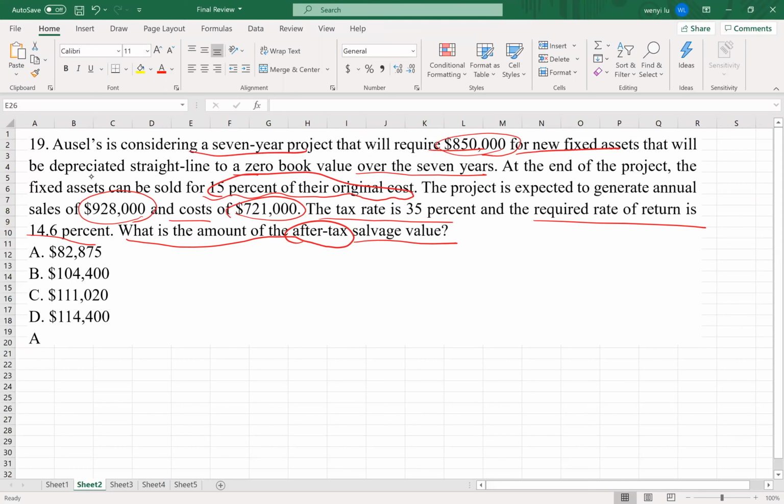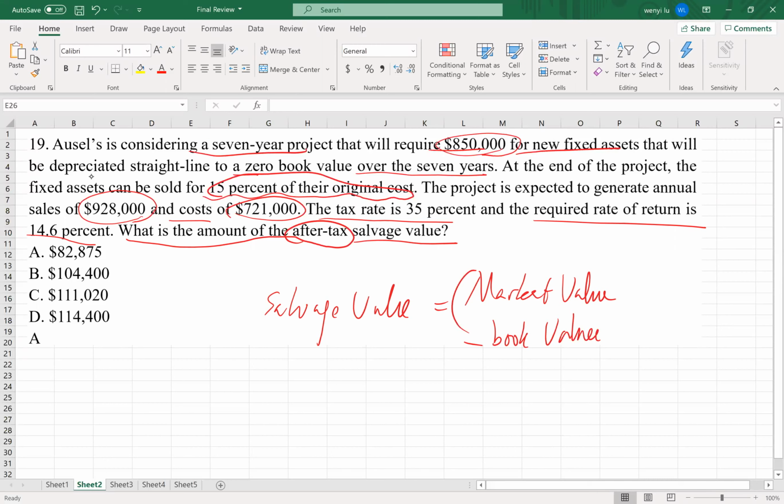For the salvage value, it should be the market value minus the book value, then times 1 minus t, because we need the after-tax salvage value.